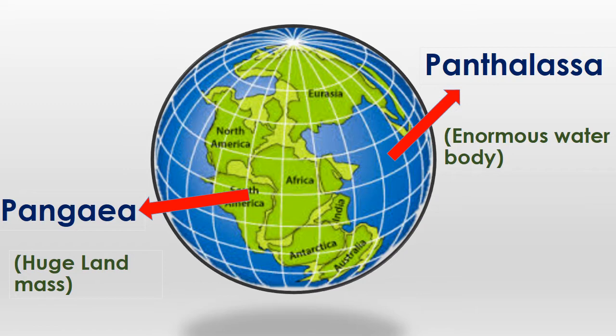It used to be called Panthalassa. So, Pangaea was a huge land mass all together. All the continents were together at that time. There was only one big land piece, and all the water was together, and that big water body used to be called Panthalassa.